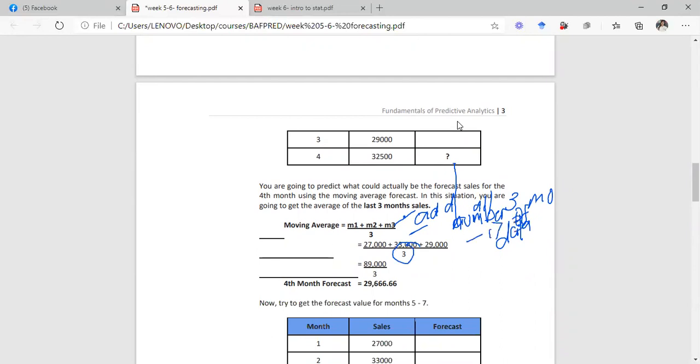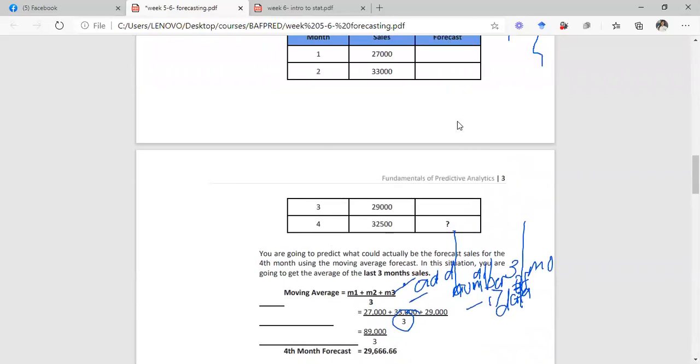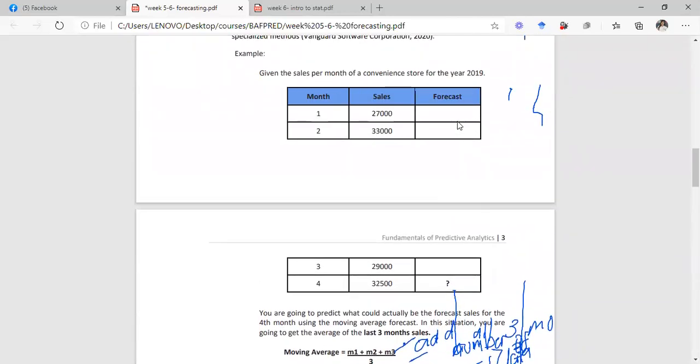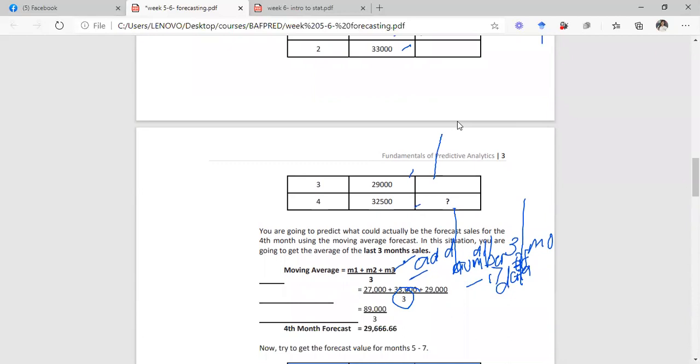So for the moving average, since there are not yet 3 months for 27,000, 33,000 and 29,000, we can only compute the moving average at 32,500.